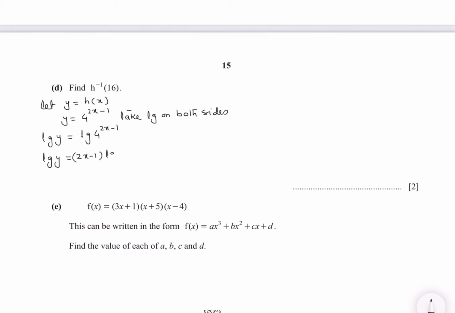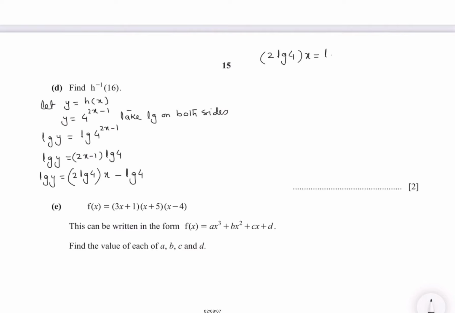Now bring down the power on the left side. So 2x minus 1 times Lg4. So Lgy is equal to, you take x outside, 2Lg4 times x minus, you multiply Lg4 by 1. So you get this.